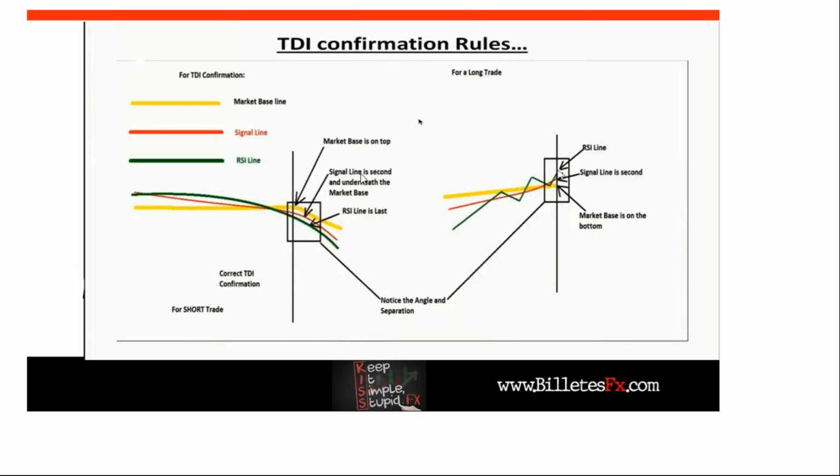Look at the signal line. The red is right underneath the market baseline, right here. And the current price, the RSI line, is the last one. Look at the angle. When they're angling to the downside, again, we're selling.